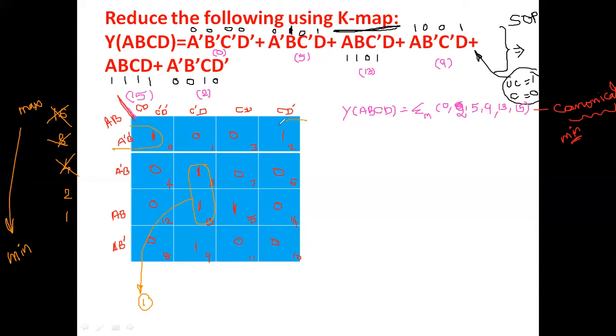So the second grouping is also over. Afterwards, again you have to check if any ungrouped 1 is available. Yes, another two ones are there. So you can group this like this. This is the third grouping.